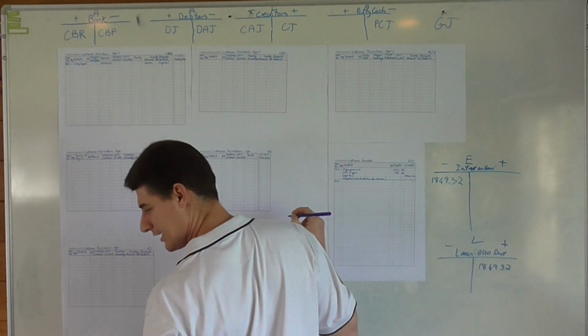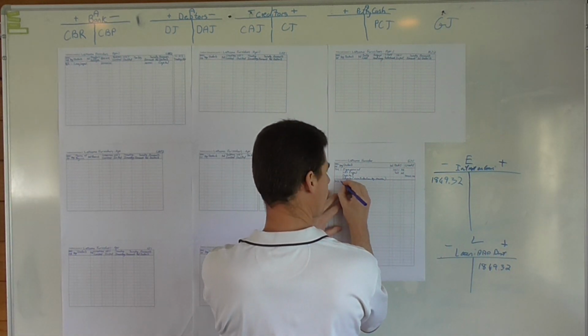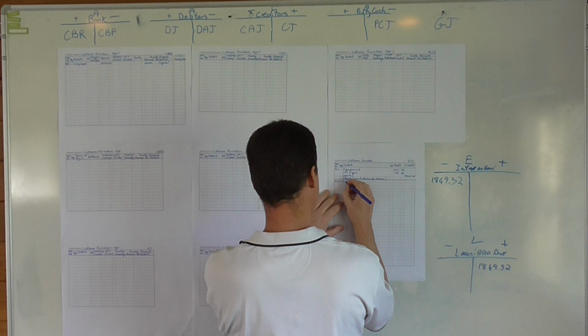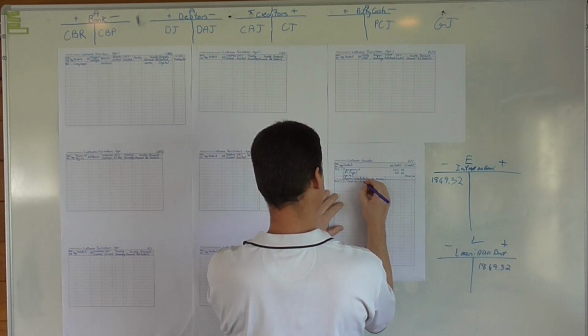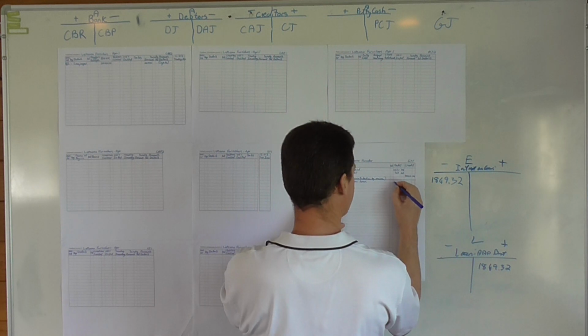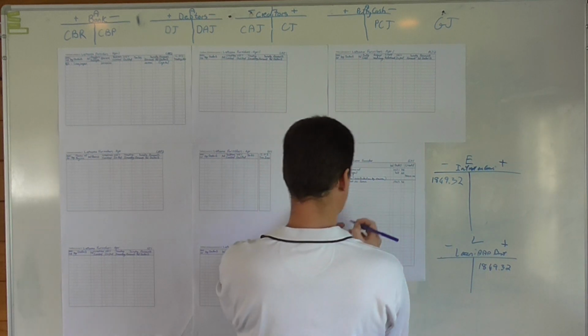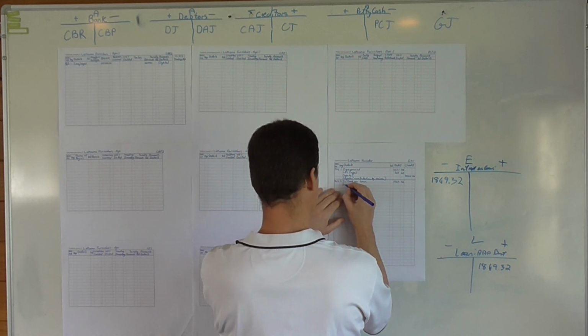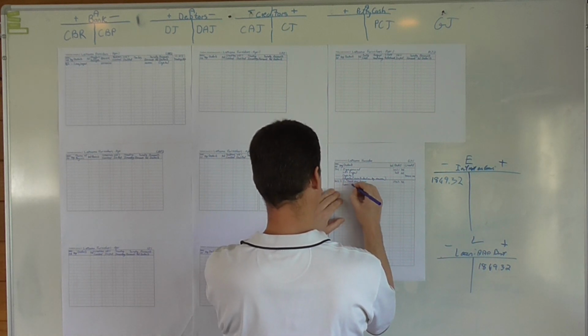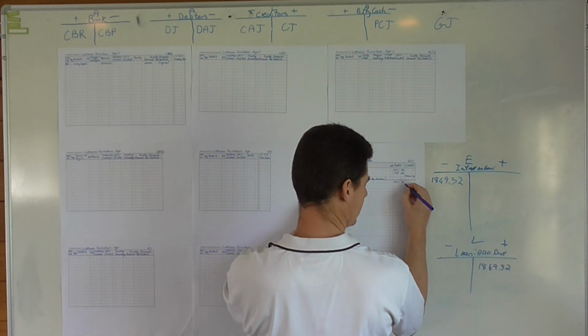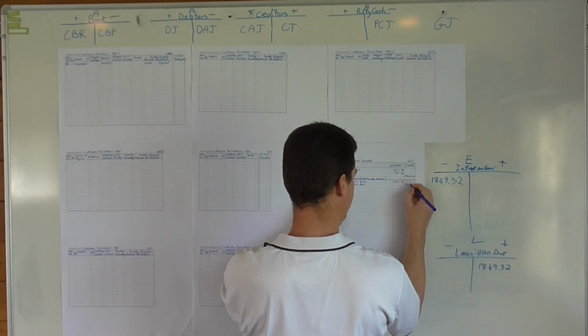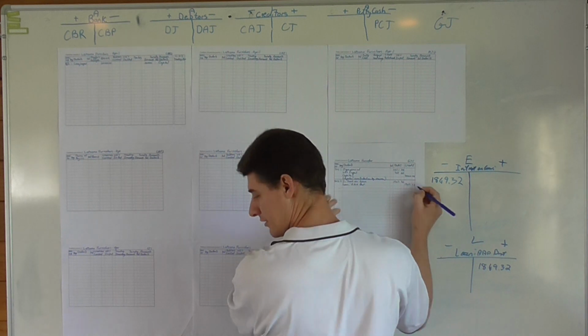Then it's JV2. The day is 2. Your debit is the interest on loan, which is 1849.32. And then your loan from a bank is a credit of 1849.32.